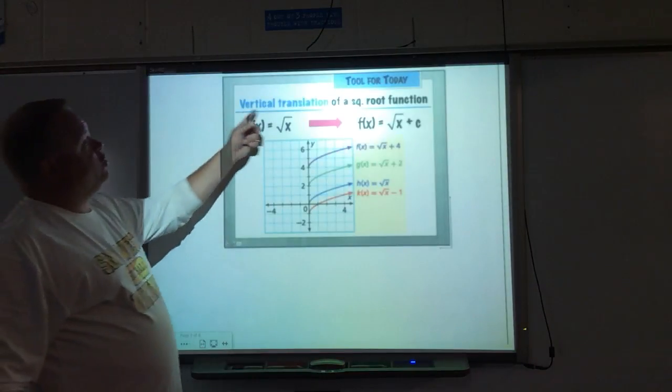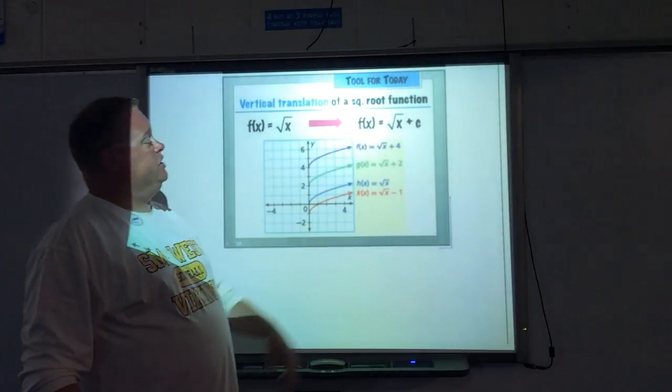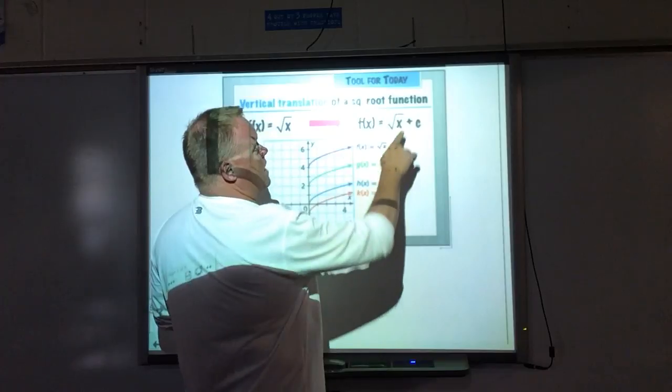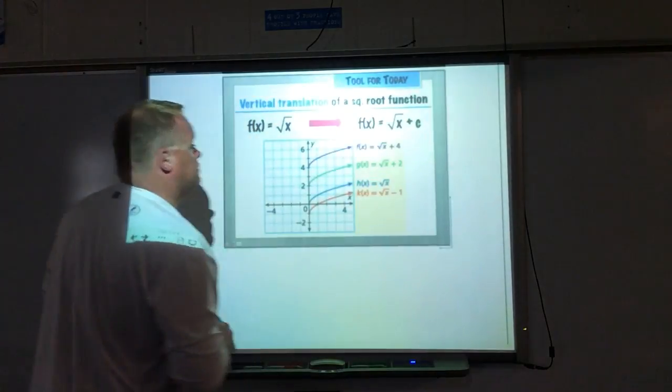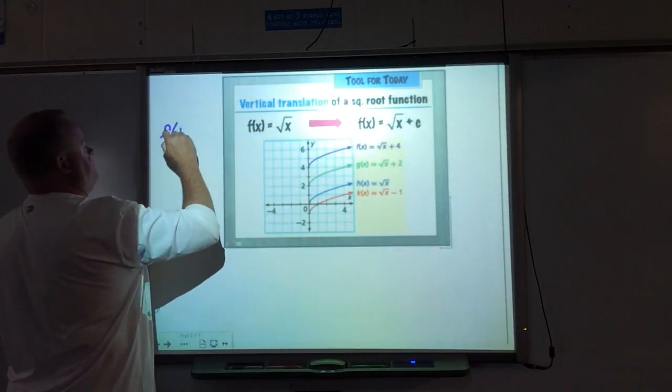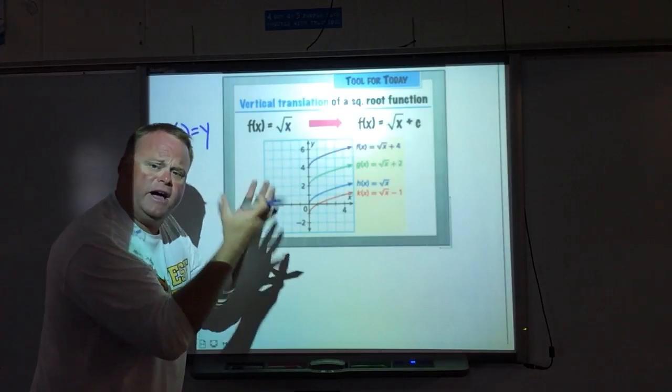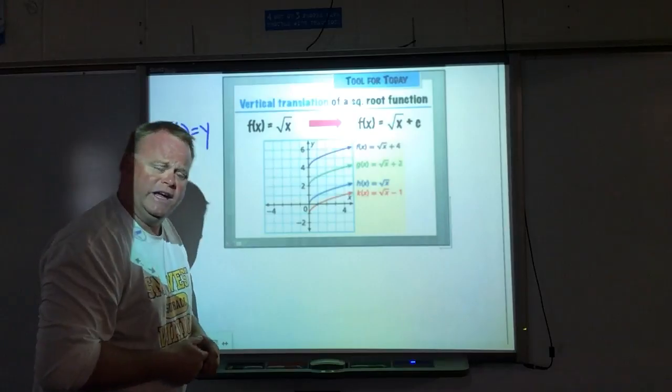The next thing, vertical translation of a square root function, basically means that if I have a value outside the radical, so if I had f of x, and remember f of x equals y, right? If we're thinking about input, output, f of x is the same thing as y equals.